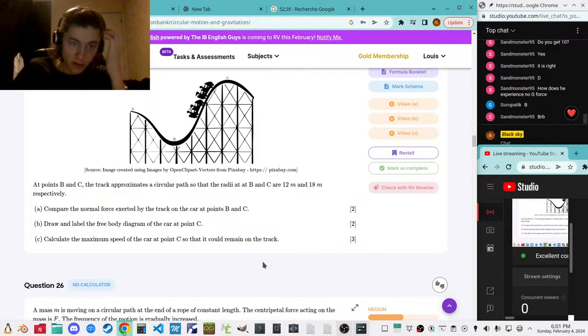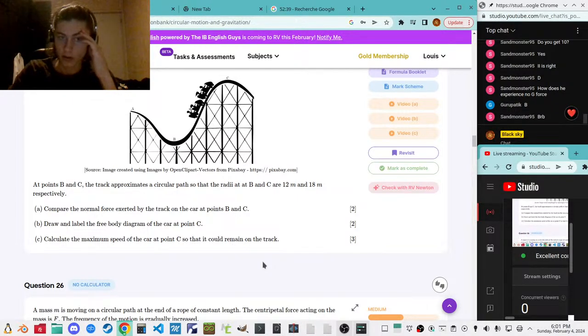Draw a labeled free body diagram of the car at point C. So it's going to be mg going down plus centripetal force going down, as well as normal going up.